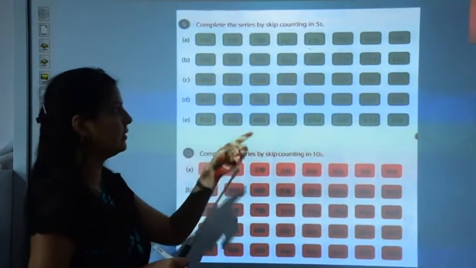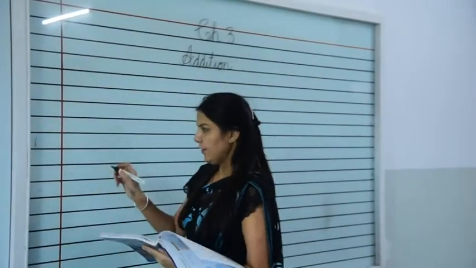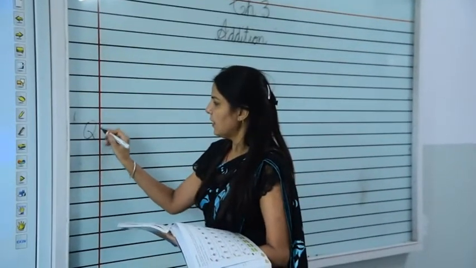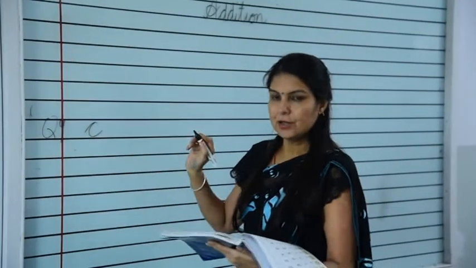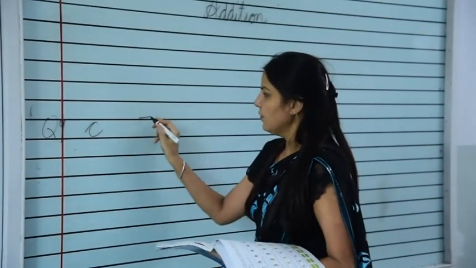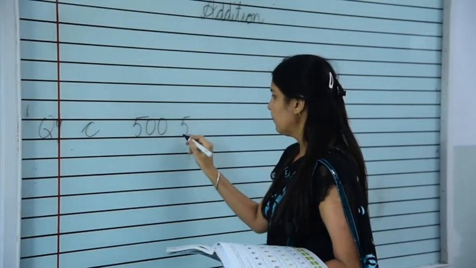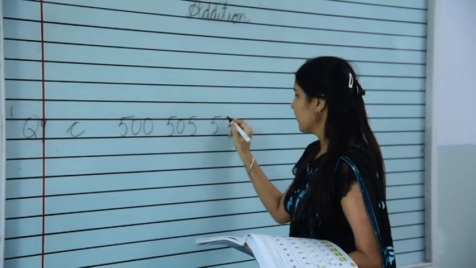We will write here. Now let's move on to the board. We will see one more example. Now we will see the sum which is given in the book. This is question number 9 and this is C part of this question. The numbers are 500, then 505 and 510.